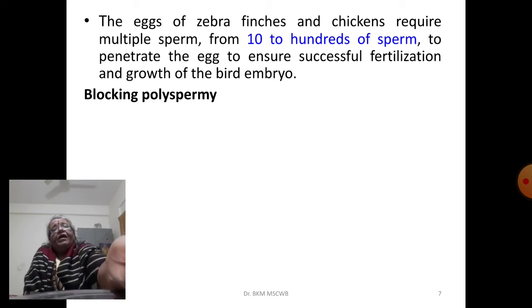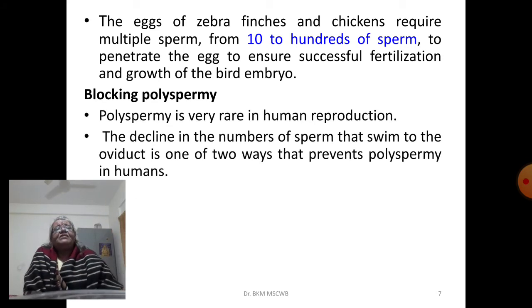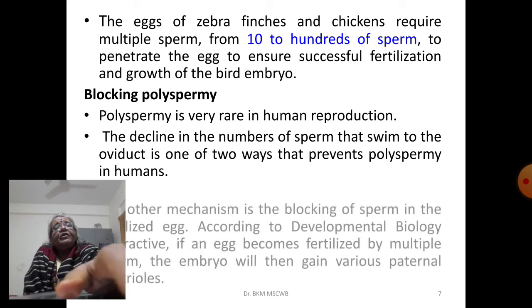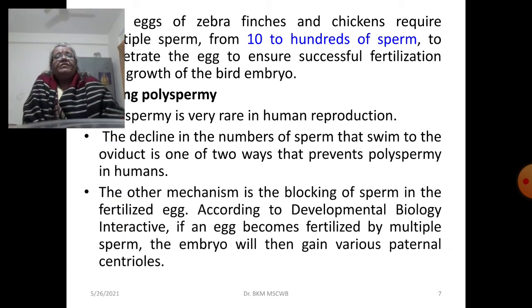Now, how are you going to block this polyspermy? Polyspermy is very rare in human reproduction, and the decline in the number of sperm that swim to the oviduct is one of the two ways that prevents polyspermy in humans. Okay. Then, the other mechanism is blocking of sperm in the fertilized egg.